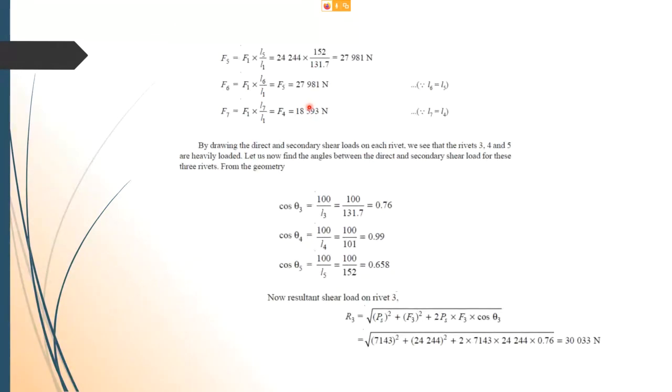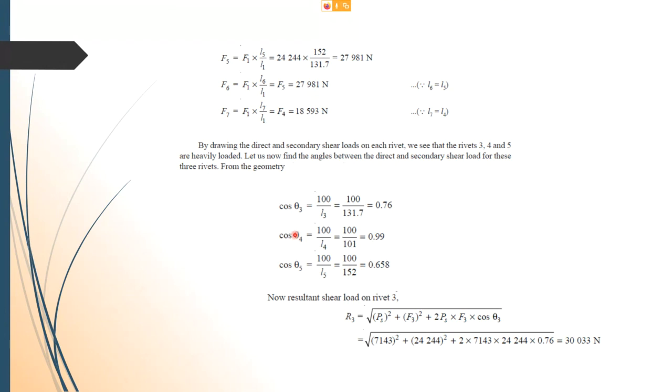So once you got your F1 to F7, calculate all the angles, cos theta 3, cos theta 4, and cos theta 5. Of course, you need to calculate theta 3, 4, and 5, but these angles can be found using simple trigonometry.